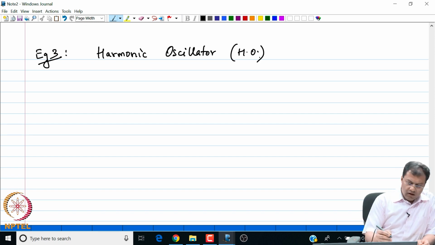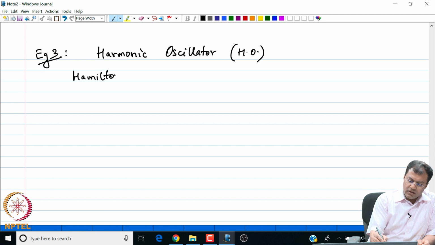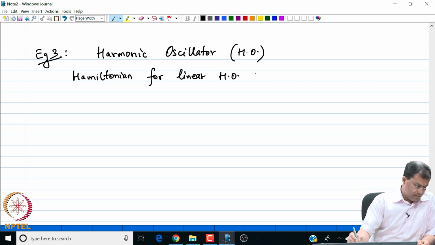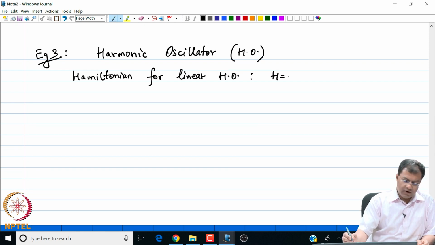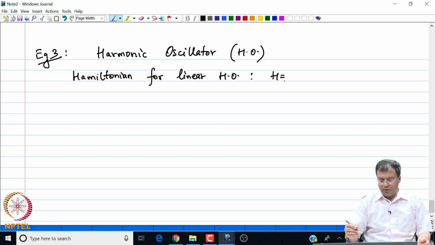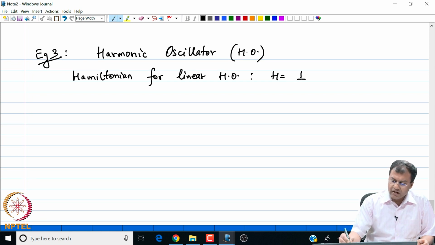The Hamiltonian for the linear harmonic oscillator is H, given to be the sum of the kinetic energy plus the potential energy, and I write it in terms of the conjugate variables P and Q.